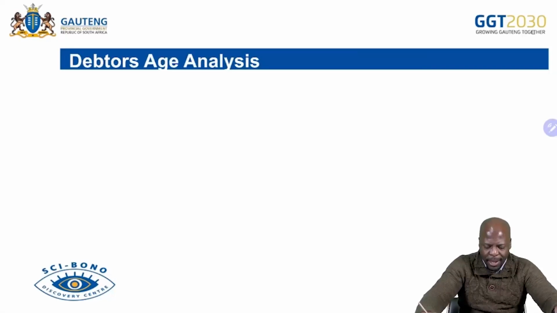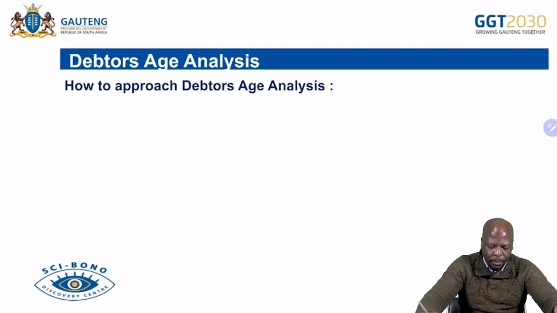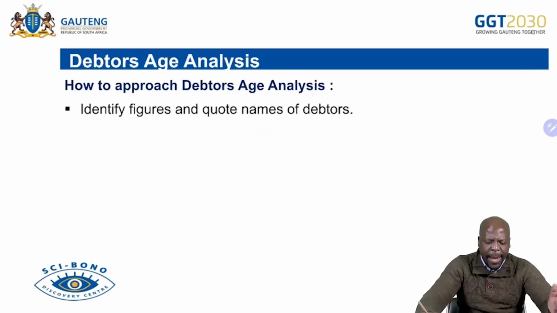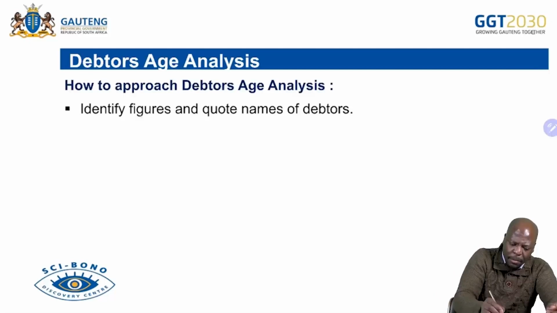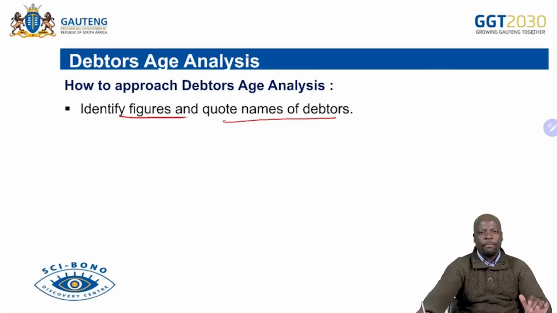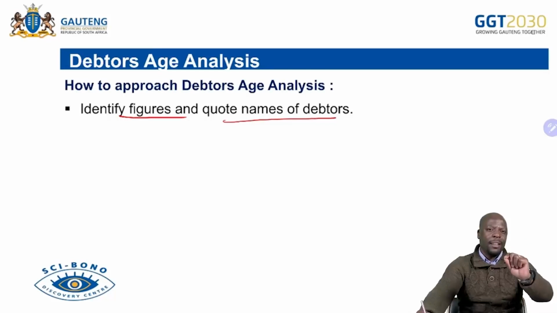Now, let's look at the debtors age analysis. How to approach it, especially if it comes in the exam. Identify figures and quote names. Remember, this is a very important aspect in accounting. You need to identify figures, percentages, all right? But not only that, when you deal with the debtors age analysis, you need to point to the name of the debtor.